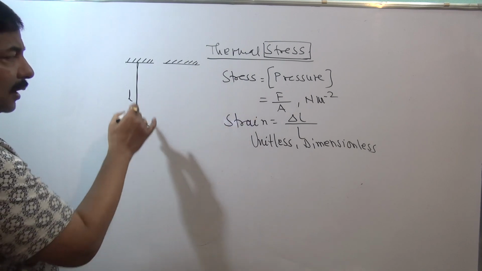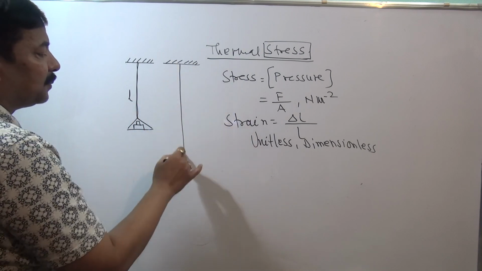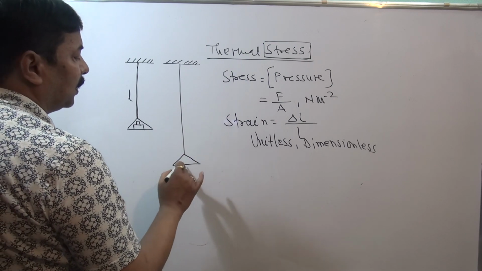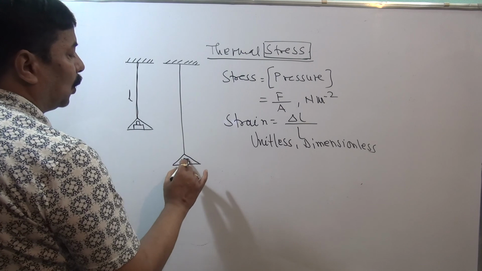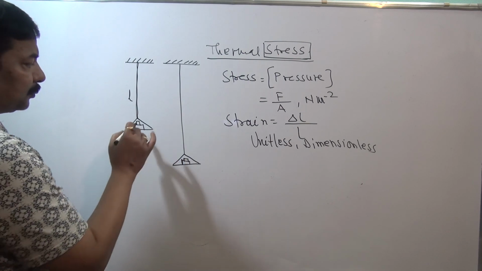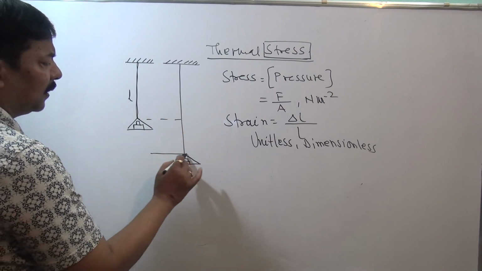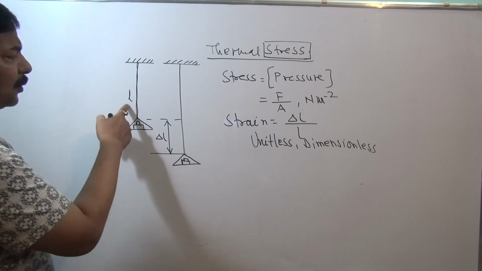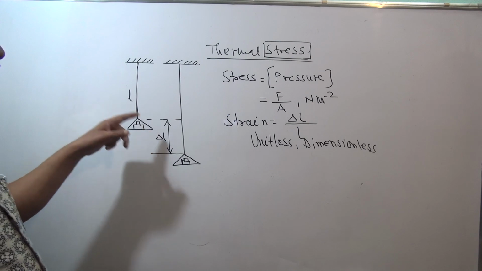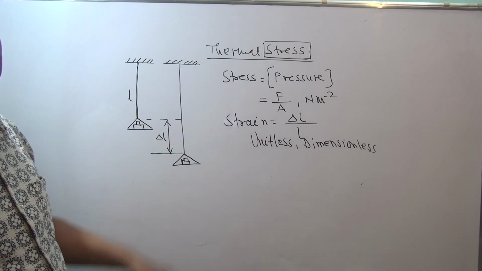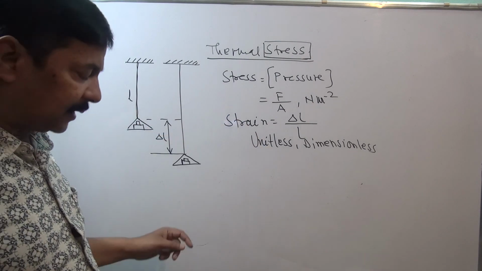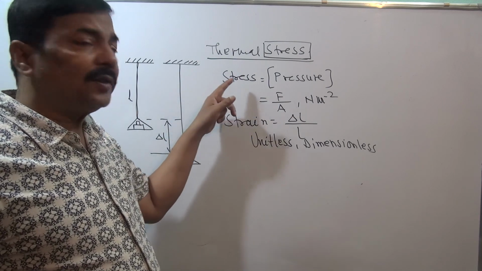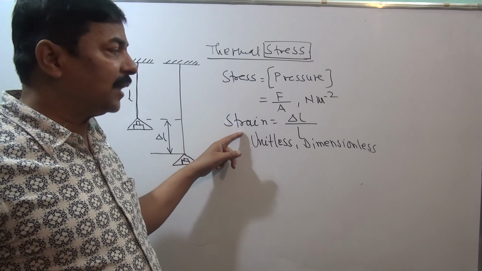Under the load, the length will increase, and suppose it has become in this way. Same wire has got under the load condition in this way. So this is the change in length, and this is your original length. So change in length by original length, in physics it is defined as a term which has got the name strain. So stress is one term and strain is another term.